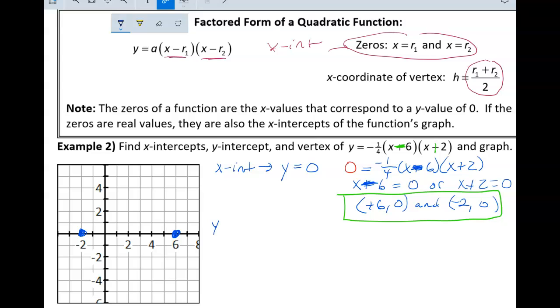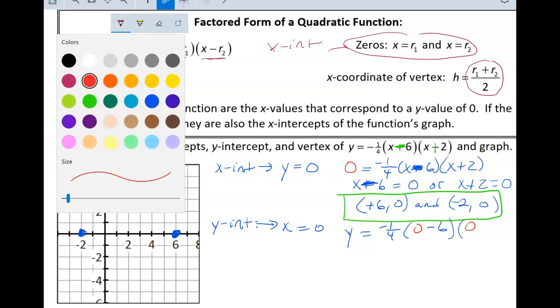Now let's find the y-intercept. When we find the y-intercept, we're going to set x equal to 0. So y is equal to negative 1/4 times (0 minus 6) times (0 plus 2).